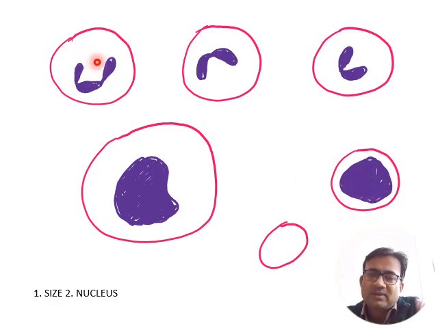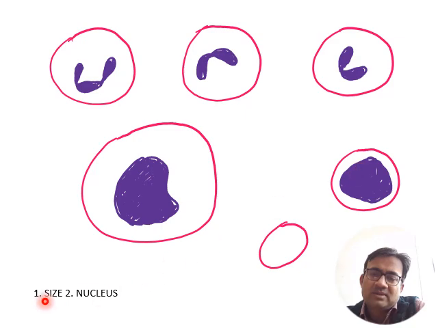If you compare the nucleus to cytoplasmic ratio here, compared to these two cells, in the monocyte you can say it is almost equal or a little bit less than 1, and in this cell the nucleus is covering almost the whole of the cytoplasm.